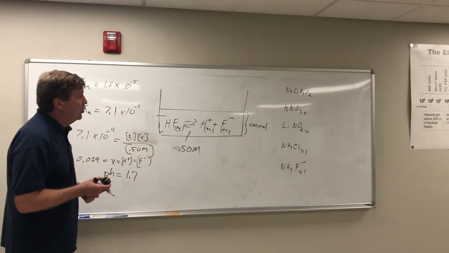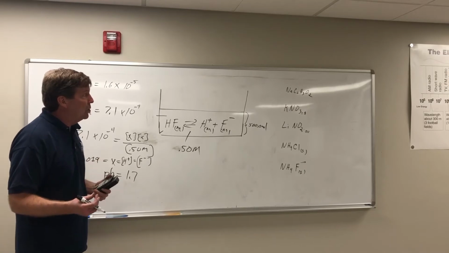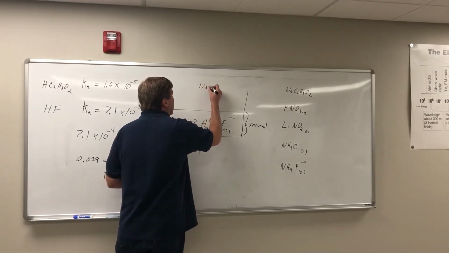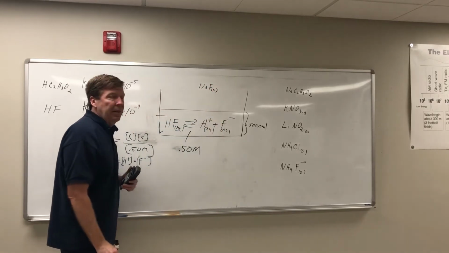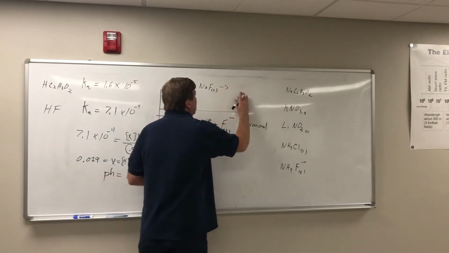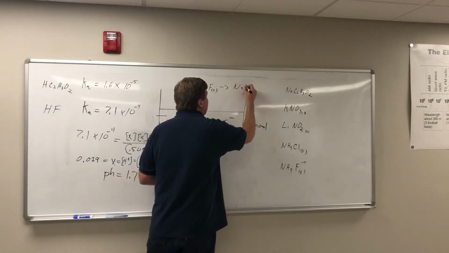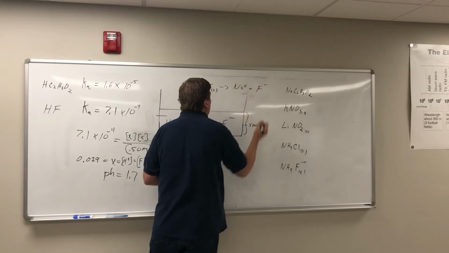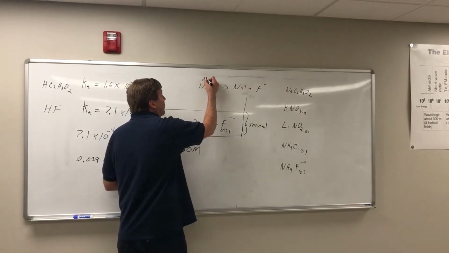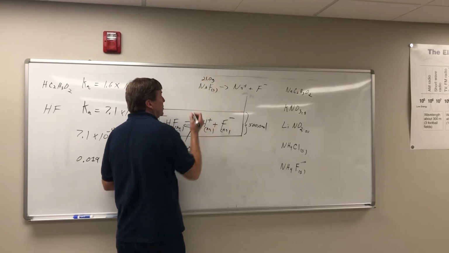Now what I want to do is add a soluble salt. So we're going to add sodium fluoride. Solid salt, sodium fluoride, and that's going to ionize 100%. So we're going to go to Na positive plus F minus. Now how much are we going to add? Let's add 21.0 grams of that.